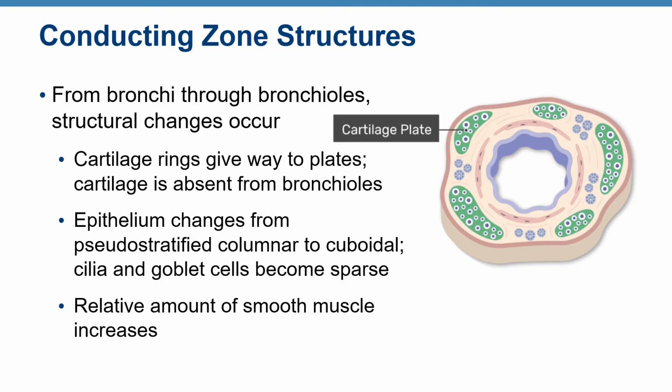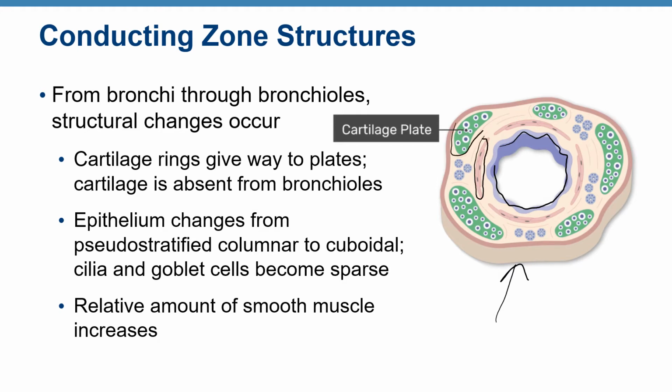So from bronchi through the bronchioles, we have some structural changes. So in this diagram over here, you see bronchus. And the bronchus would have inside this our mucous membrane, so that's a mucosa. Then this part, those are smooth muscles.